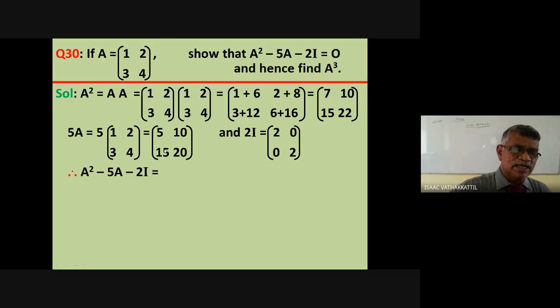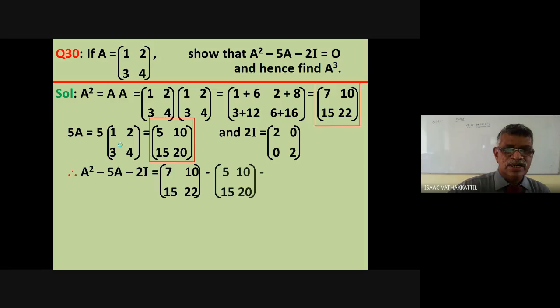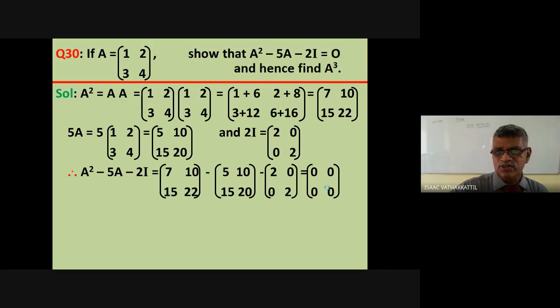Now A squared minus 5A minus 2I. A squared is here, 7, 10, 15, 22. Minus 5A is here, 5, 10, 15, 20. Minus 2, 0, 0, 2. What is that? 7 minus 5 minus 2, that is 0. 10 minus 10, 0. I think we have zero matrix. That is your question. We have to prove that it is O, that is zero matrix.